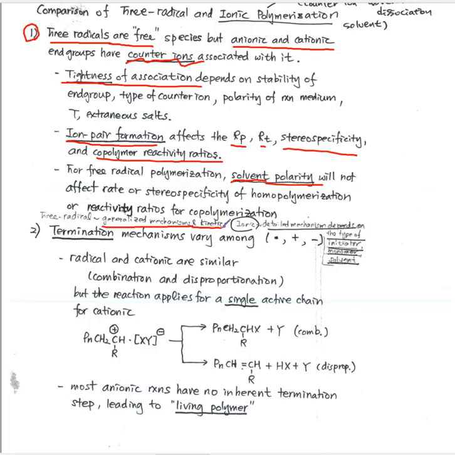Anyhow, we could use the steady state approximation, and we could get expressions for, for example, propagation rate, kinetic chain length, etc. But for ionic polymerization, the detailed mechanism depends on many different things: what kind of initiator we are using, what kind of monomers, what kind of solvent. So it's really complicated. No general mechanism.